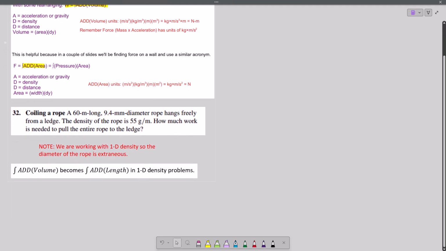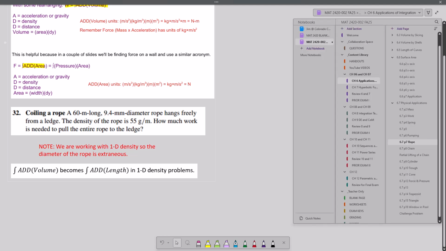Now, these pumping problems, the easiest way to conceptualize them is with three-dimensional tanks. Yet the book does these one-dimensional things right out of the gate. I want to do those second. I'd rather go through the three-dimensional ones first because it gives you the best sense of how the formula works.